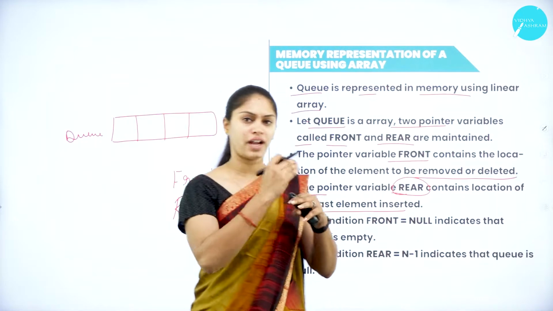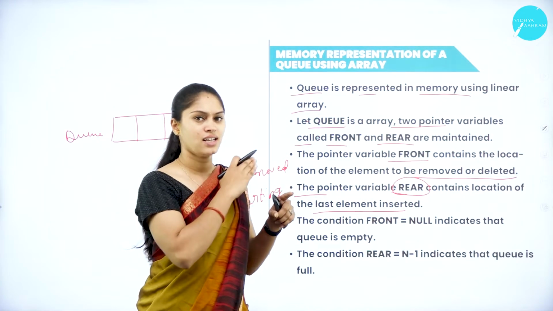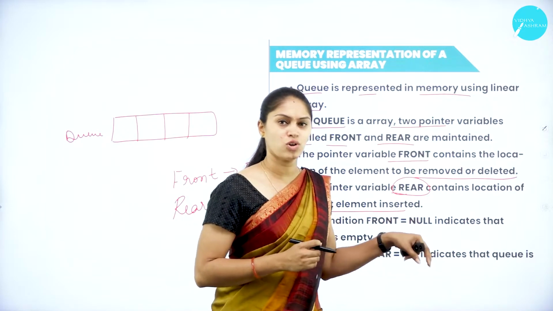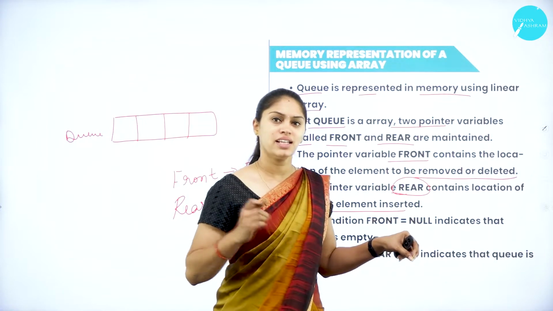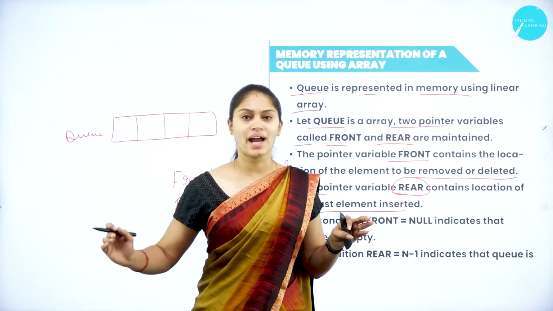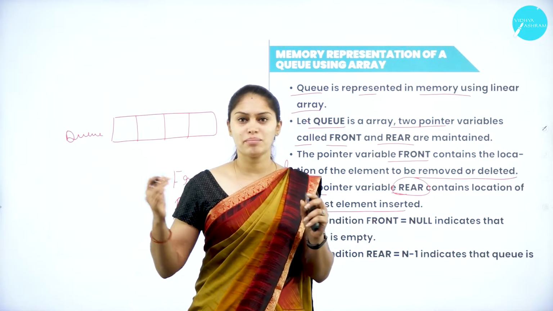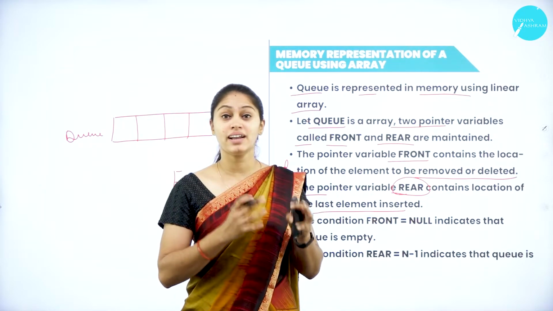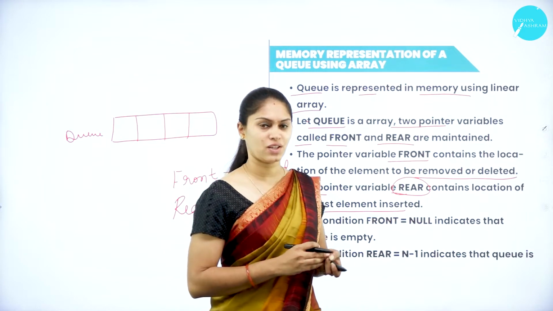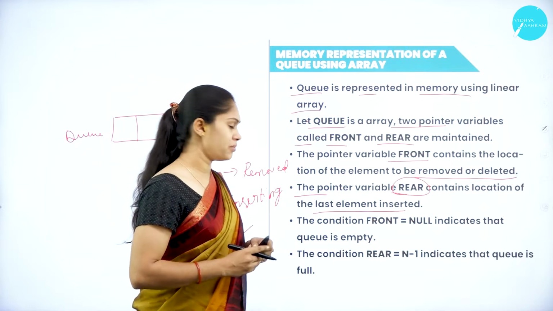Okay, so front and rear. If you follow the queue, who will be removed first? Those who are in the front. Then how are we going to join the existing queue? By the back end, right? That back end is called the rear end. And removal is from the front end. That is the difference that you have to remember.